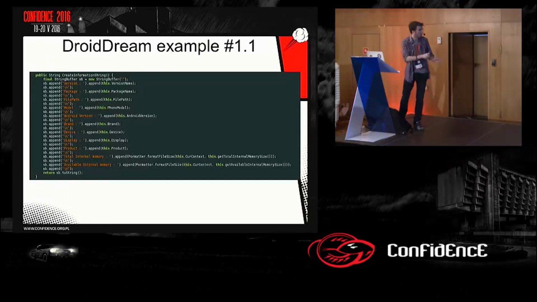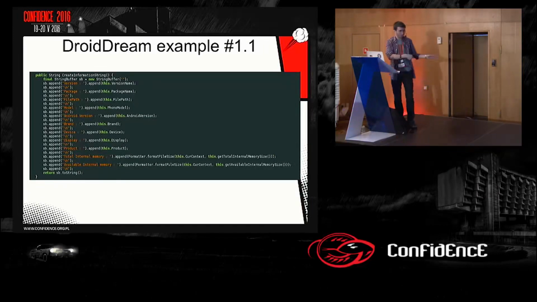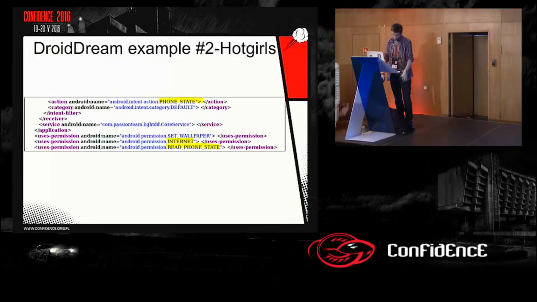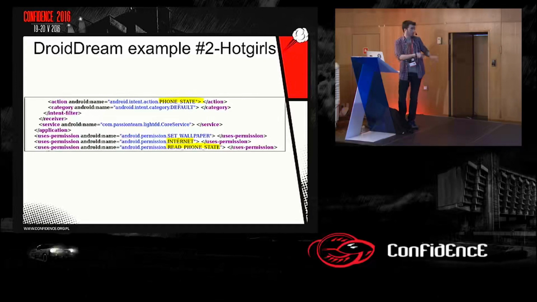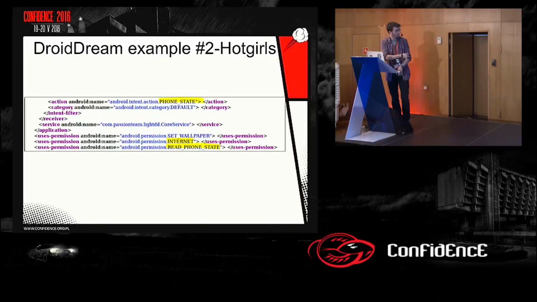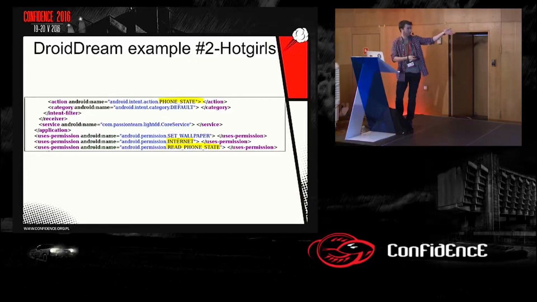I don't know if you can see very well, but here it collects all the information from your phone and gets ready to send it to the attacker. Here is the same thing, another application, also with the Droid Dream malware. They are trying to get the phone state and internet access. It's the same: some applications have more permissions than they need, so sometimes it's malware.